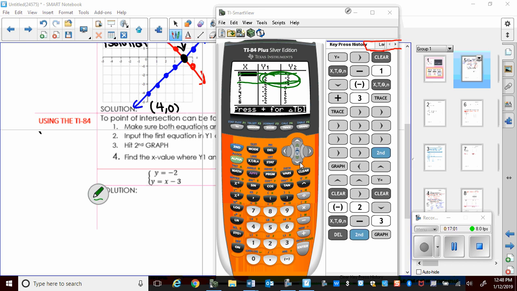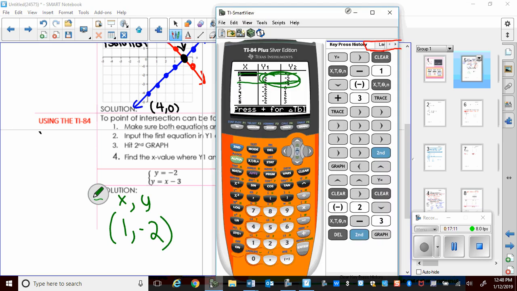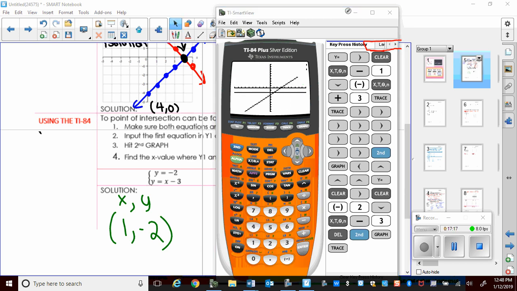Our solution, we're looking for an x and a y, is 1, -2. That is our point of intersection. Graphically, what does this look like? Press trace, and we're right here, that's 1, -2. It's a point of intersection.